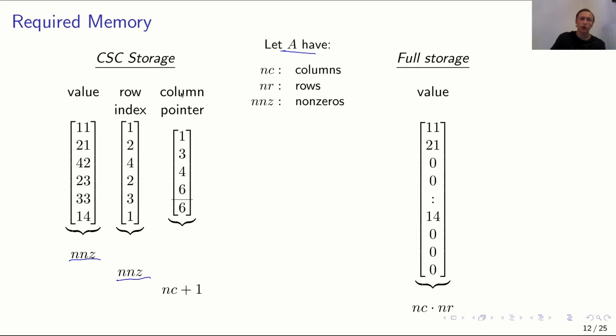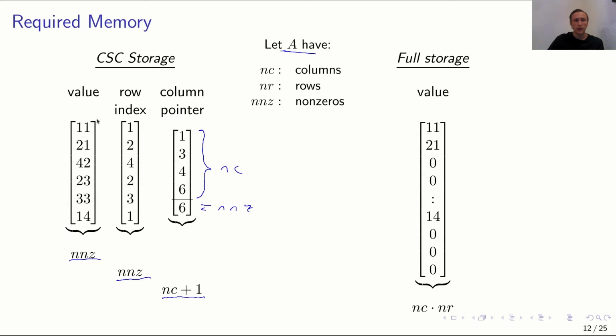A column pointer, however, can be both longer or shorter, depending on the situation. Namely, for each column, it's going to have to indicate where it starts within our value and row index, which means that we have NC elements over here, plus the additional 1 value corresponding to the number of non-zeros. So this array is going to have a length of NC plus 1.